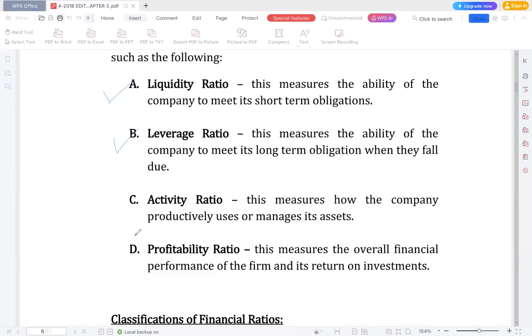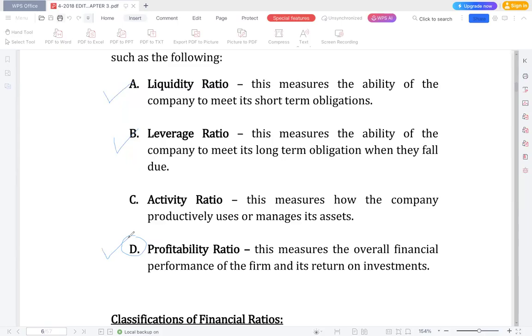On the other hand, if you are one of the investors or prospective stockholder, you can initially check on profitability. If I will invest, will it be profitable? How much of my shareholdings will be converted into income, so earnings per share.